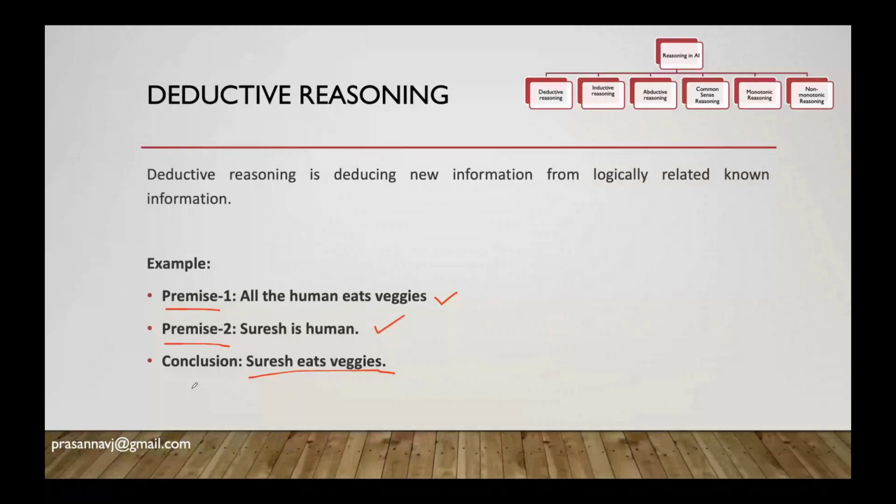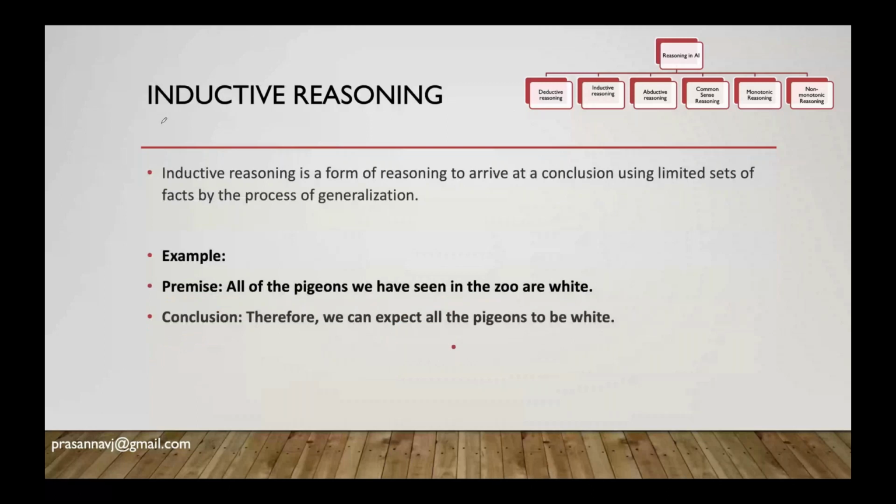Next is inductive reasoning, where you have only a limited set of facts available, and you need to come out with a generalized approach. Let's take a limited set of facts: all of the pigeons we see in the zoo are white.